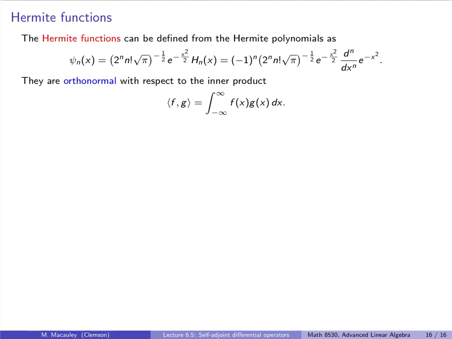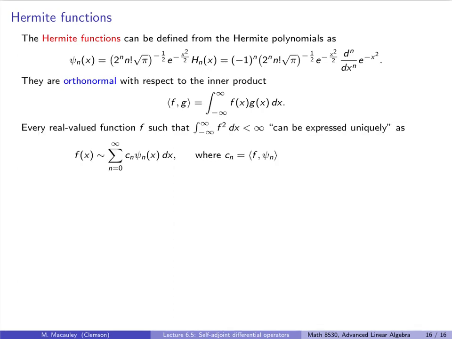These functions end up being orthogonal with respect to a different inner product, defined as the integral over the real line of f of x, g of x, dx. So it basically gets rid of this weighting function.